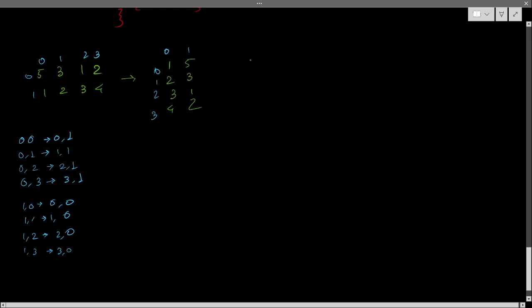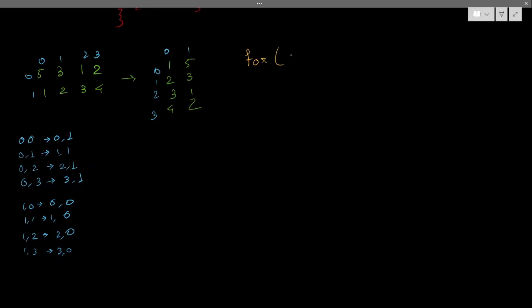So what will be the syntax of this? The pseudocode will be: for i equals 0, i less than m, i plus plus, and for j equals 0, j less than n, j plus plus.